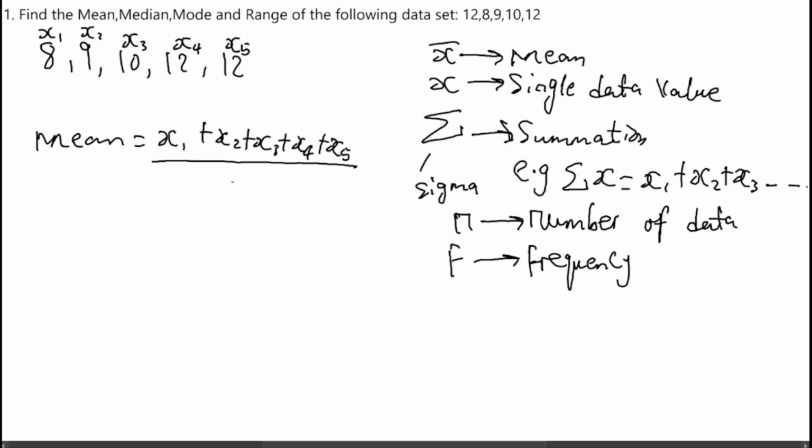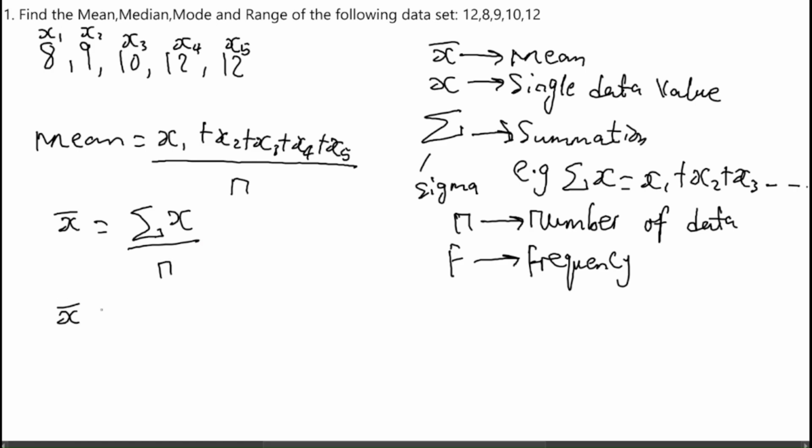Divide by the number of data involved. Now, instead of you writing mean, you can just write x bar. And instead of writing x1 plus x2 plus x3, you can just write summation of x over n.